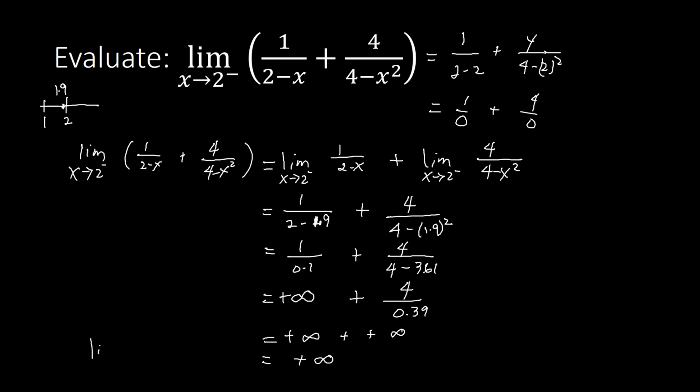So the limit of 1 over 2 minus x plus 4 over 4 minus x squared as x approaches 2 from the left side is positive infinity. So that is how you evaluate limits with infinite limits.